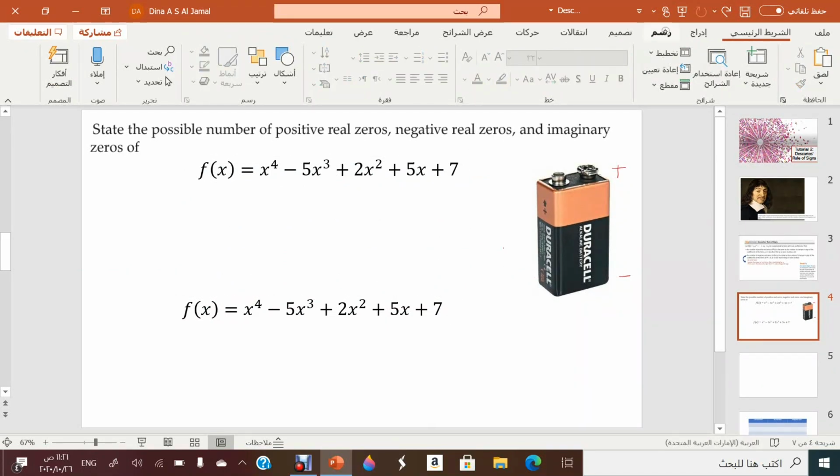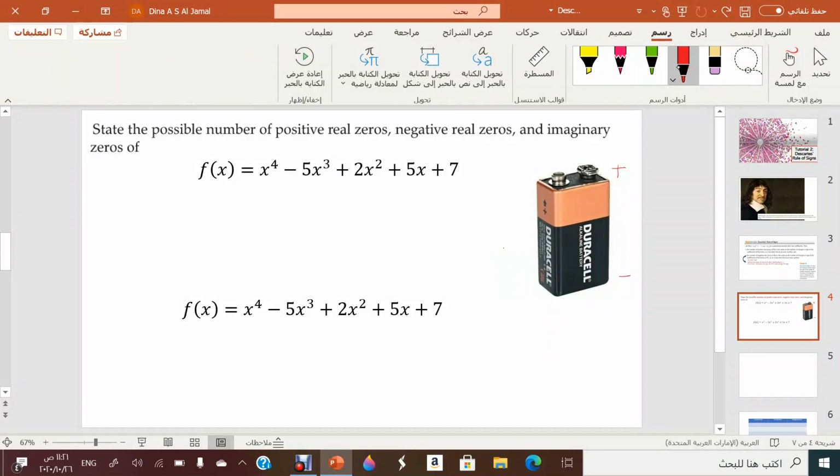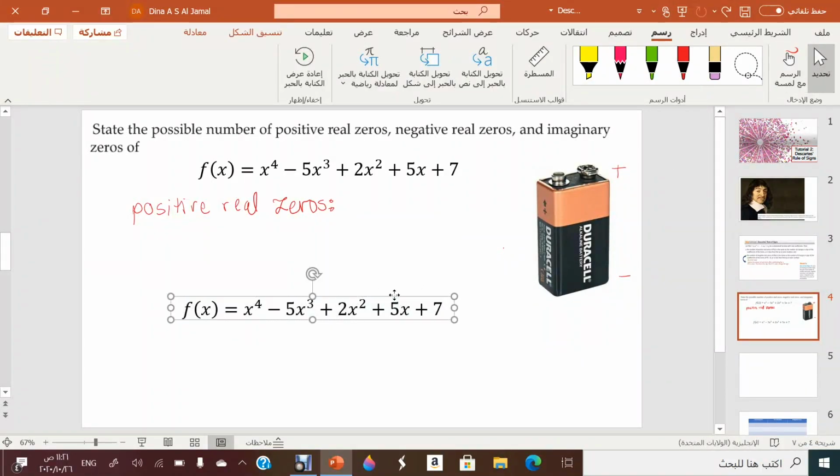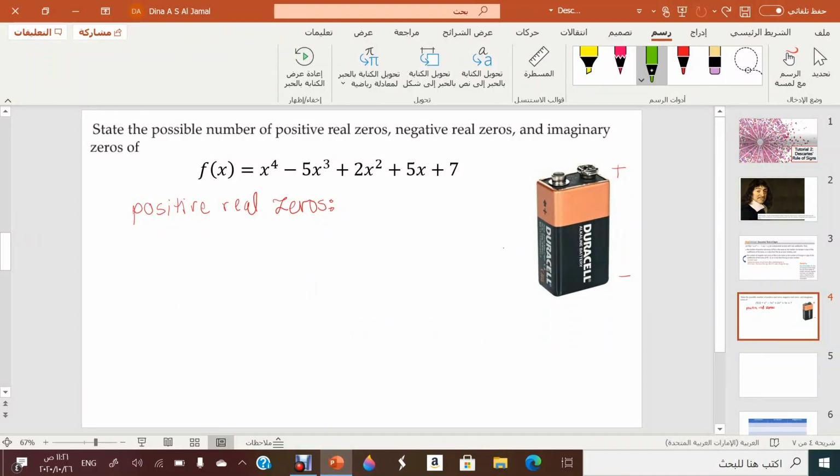Let's pay attention first to the first step. If I want to get the positive real zeros, let me show this one for you. Let's see the sign change here: whenever I have positive then negative, or negative then positive.